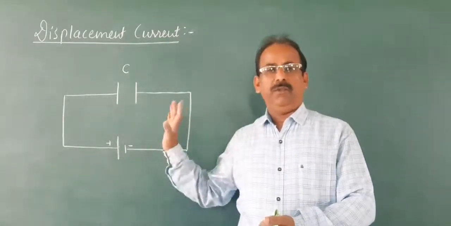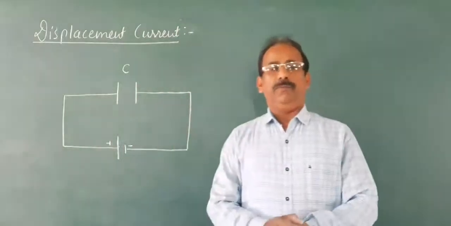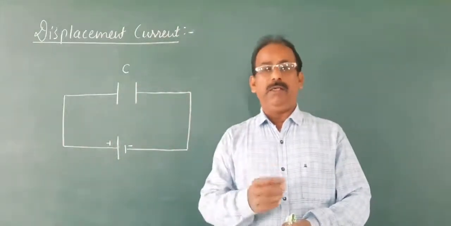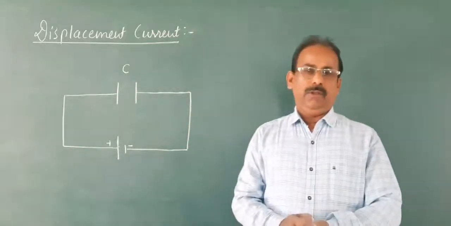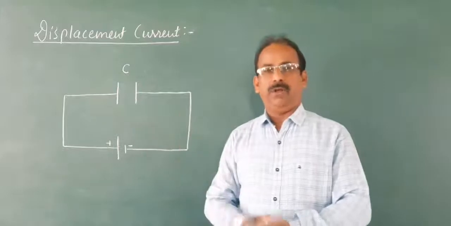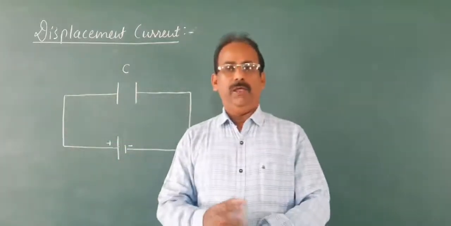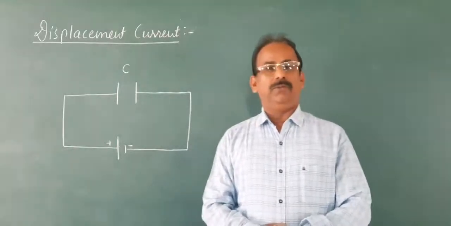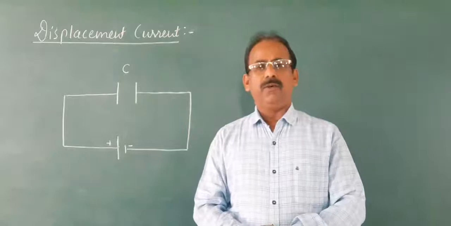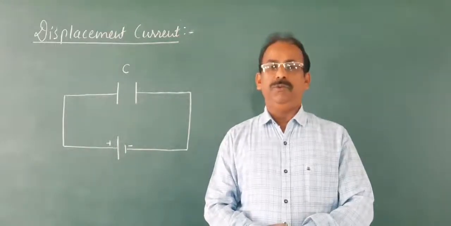The current that we get is due to mainly free charges, that is due to free electrons. This current is called conduction current, which is due to free electrons.